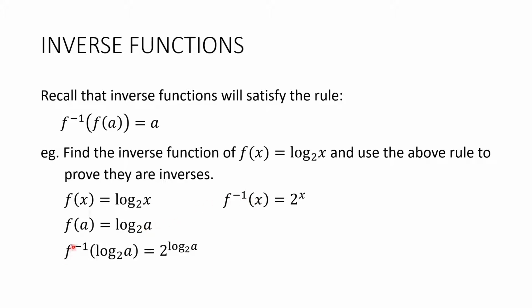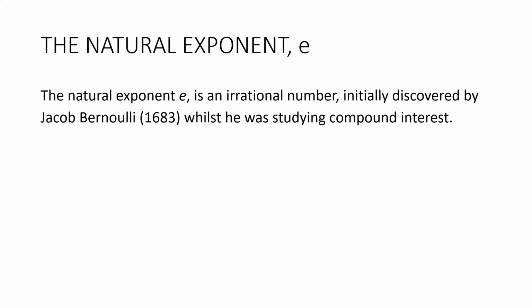So I get f to the negative 1 of log base 2 of a will equal 2 to the log base 2 of a. And that's one of those identities that I mentioned before. These two cancel each other out. So that's just equal to a. So because I have taken a, substituted it in there, then substituted it in there, and ended up with a, then they are inverses.